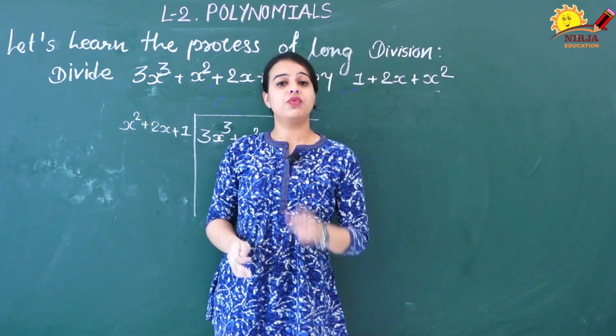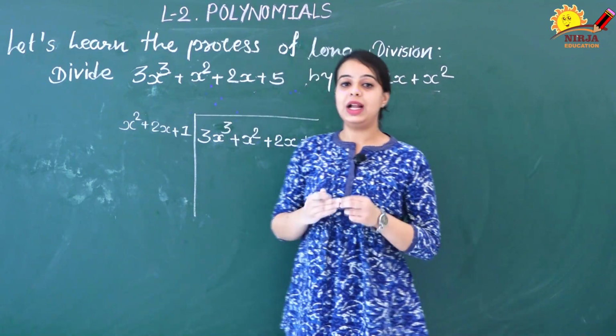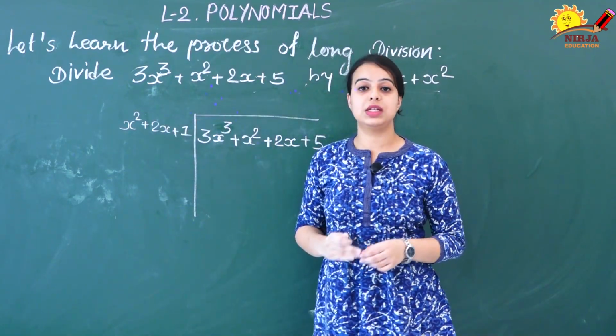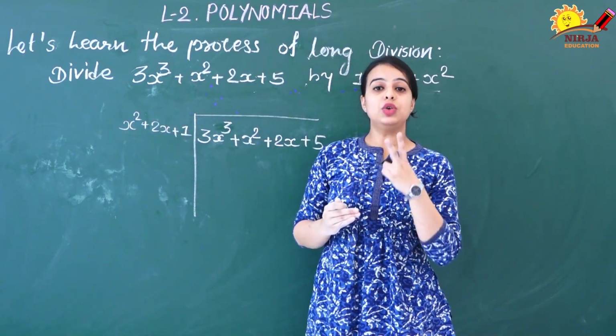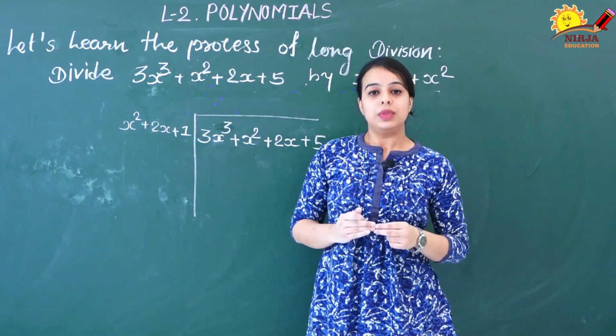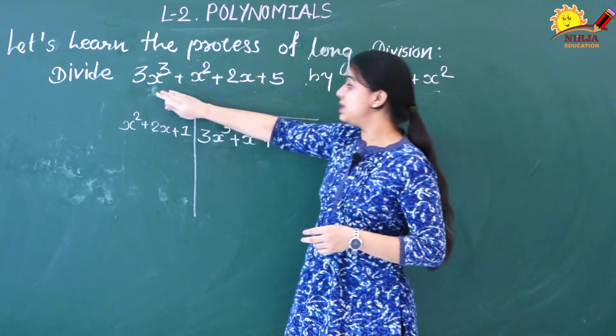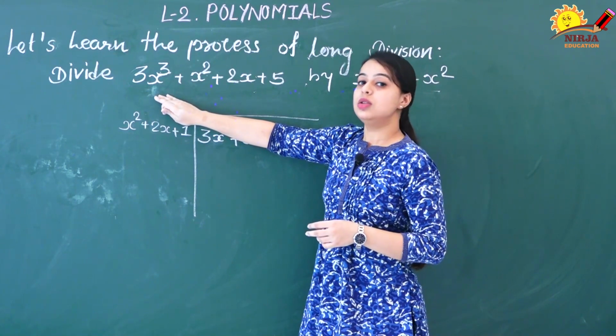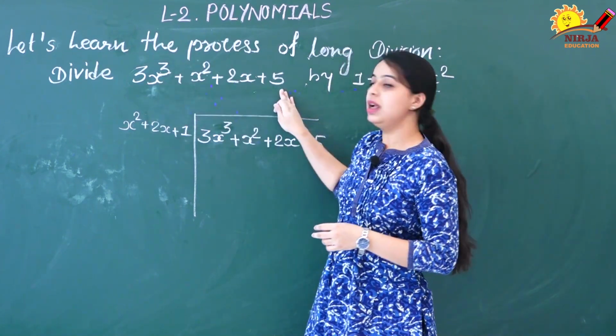My dear students, the first step you need to do when you divide two polynomials is to write both polynomials in standard form. That means the terms having the highest power should be first, followed by lower powers.